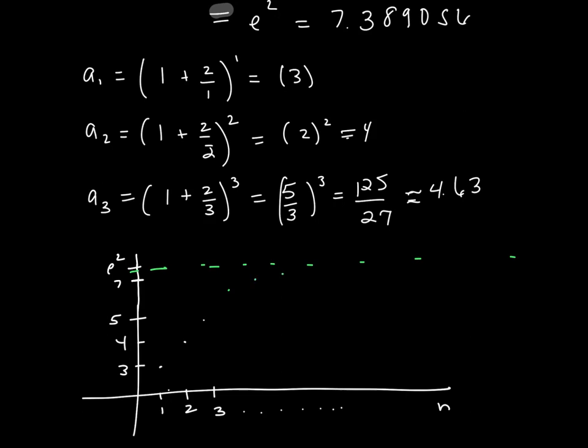So I'm going to get closer and closer and closer to these values. Now notice I'm not drawing a curve here because it's not a continuous function. These are all points for the different values in the sequence.